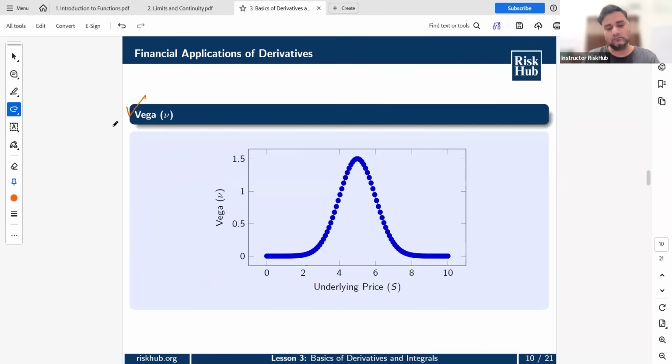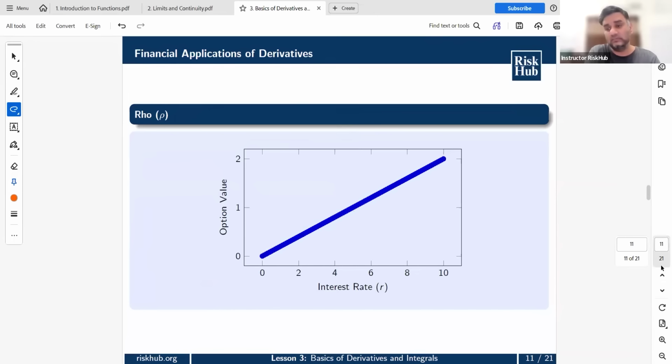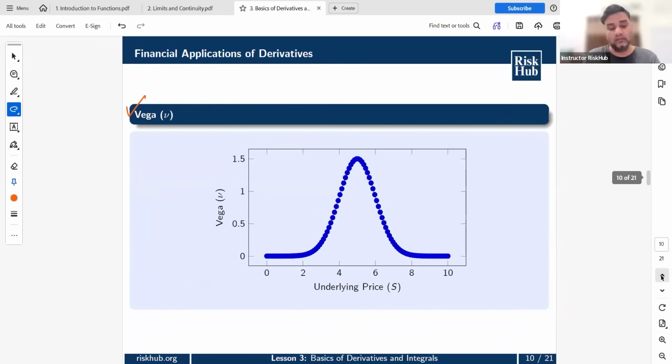Then we have Vega, right? Vega is your sensitivity to volatility. So we are now introducing the volatility risk. Okay.